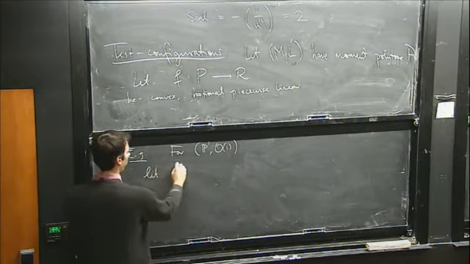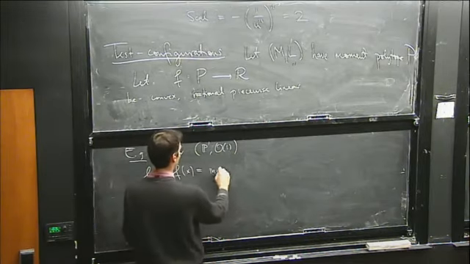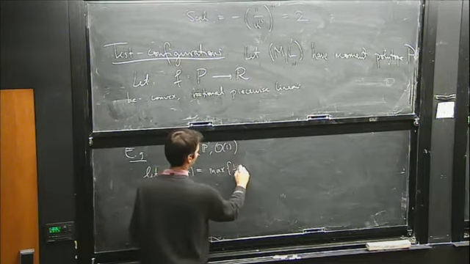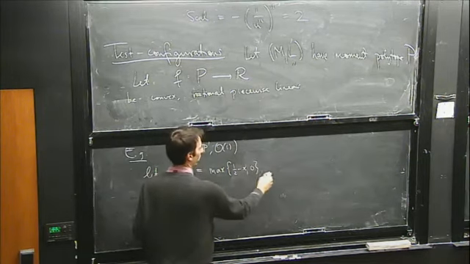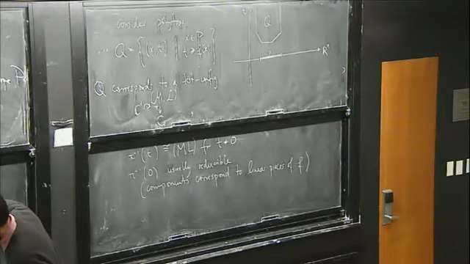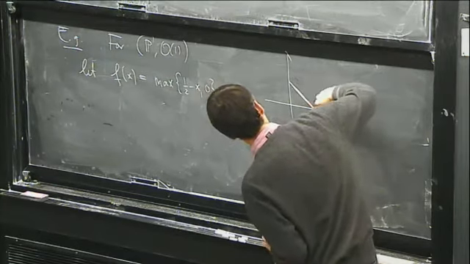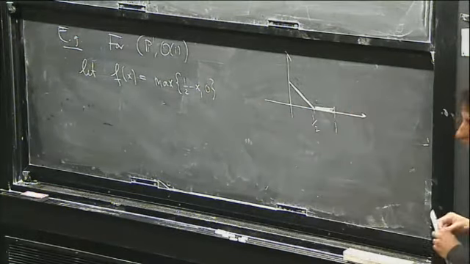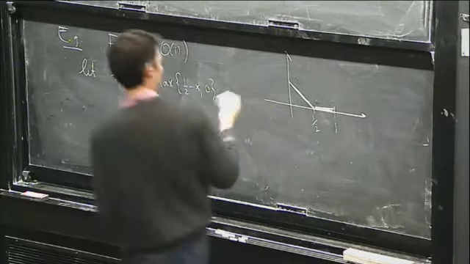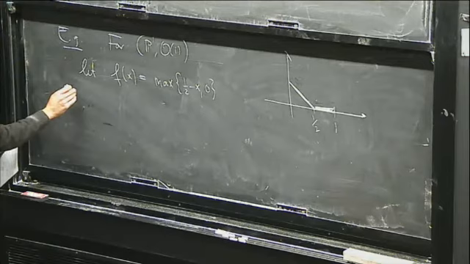And then you can take the function f of x, which is the max of 1/2 minus x and 0. Okay, so this is the function that looks like this. So it has these two linear pieces.